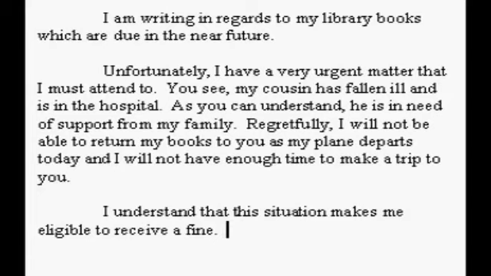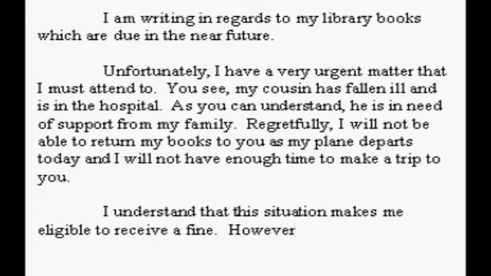Now, in this next part, we want to be friendly and persuade the reader of this letter to not give us a fine, basically, to say that our situation is very important and it's an emergency, and that if we don't receive a fine, then that's not necessarily the end of the world. So, I understand that this situation makes me eligible to receive a fine.